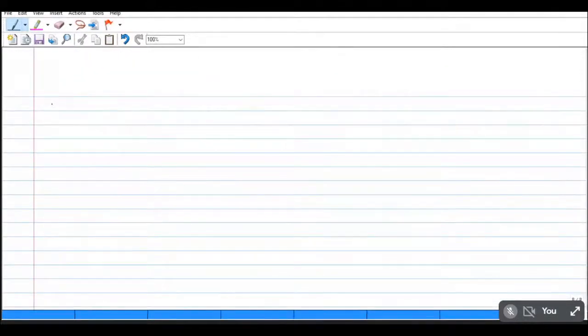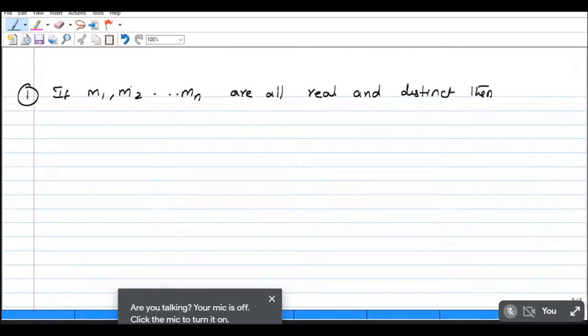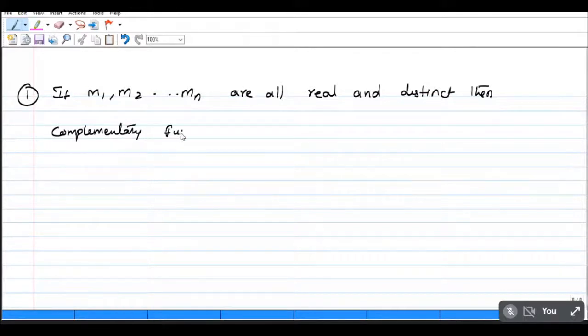First point: if m1, m2 and so on mn are all real and distinct, then the complementary function is equal to c1 e power m1x plus c2 e power m2x plus and so on cn e power mnx. All these are real and distinct.